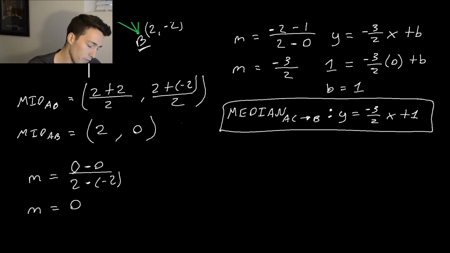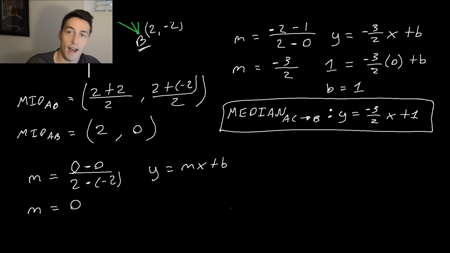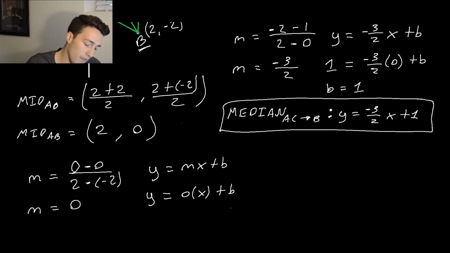So what's going to happen is we can still go through our process. y is equal to mx plus b, but now our m is 0. So we're going to have y is equal to 0 times x and then plus b. And if we sub in our points, well, this is just going to be 0 because 0 times anything is just going to be 0.